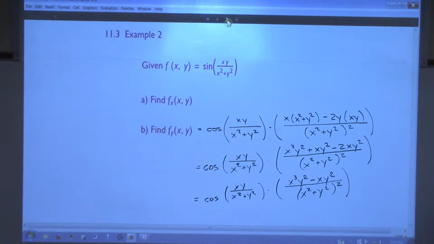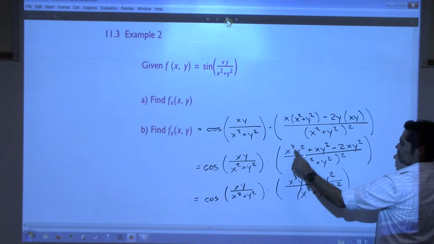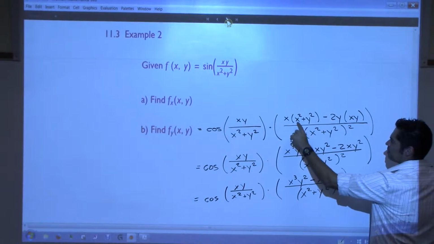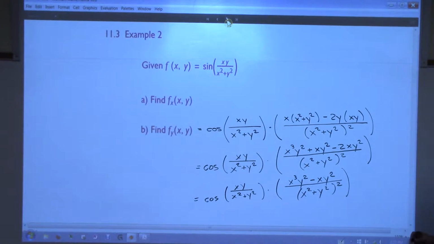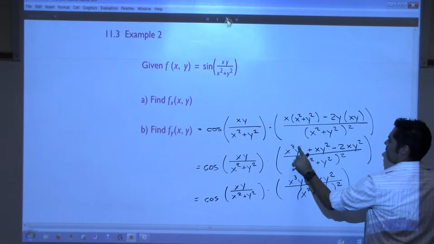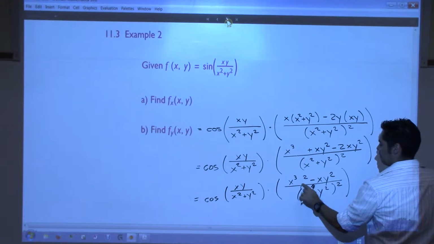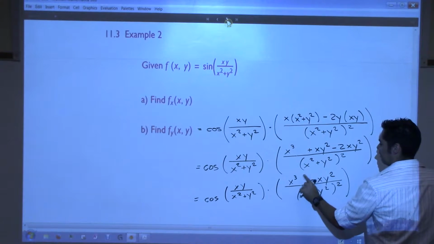Wouldn't that be x cubed plus xy squared when you distribute the x? Where? X cubed. Hold on. Where are we? Here. X cubed. Oh, x cubed plus xy squared. What did I do? X cubed. Right here. Thank you. Yeah, that didn't look right.